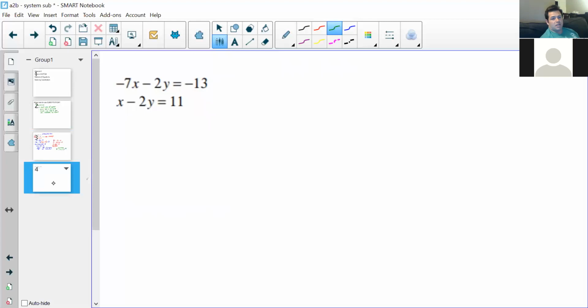Next up, I have this second set of equations, and we can see here that we are now maneuvering ourselves out of dealing with something in slope-intercept form, y is equal to mx plus b. I actually do have two equations here where they're both in standard form, which is not a big deal. We'll be able to work with it here.